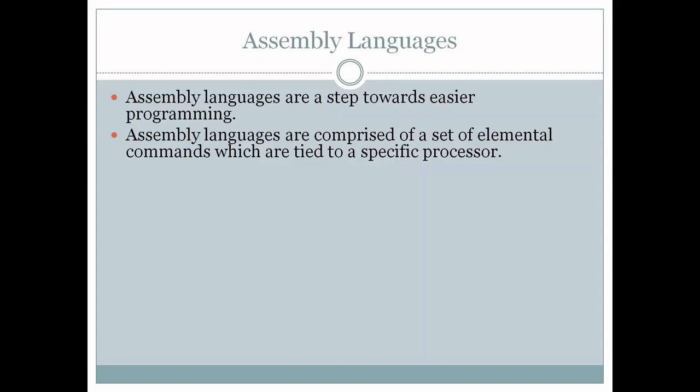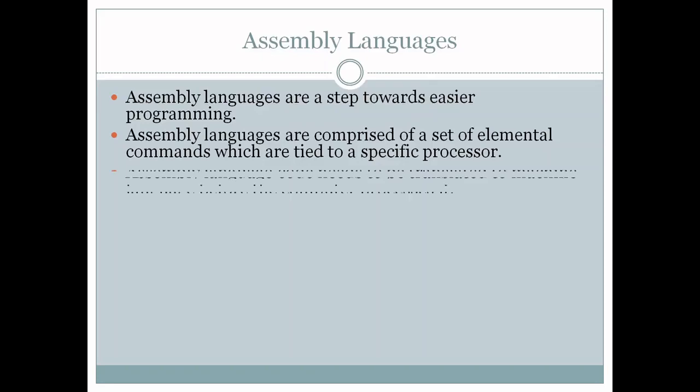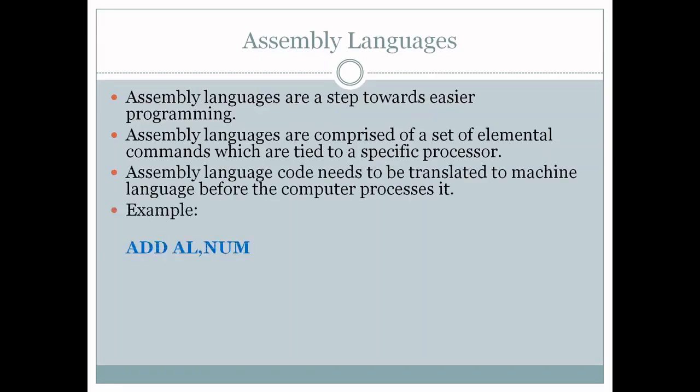Say if you want to write a program for addition of two numbers, in the earlier case we were writing this instruction in combinations of ones and zeros. Here in assembly level language, the same instruction can be written by using some mnemonic. For example, you can see here: add al comma num.